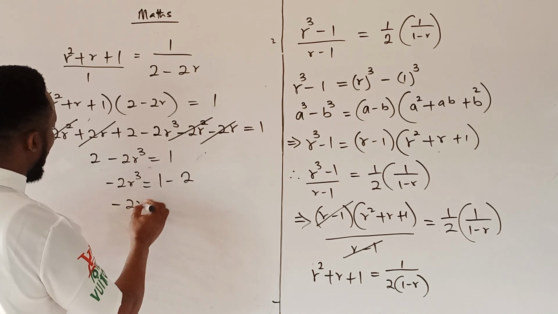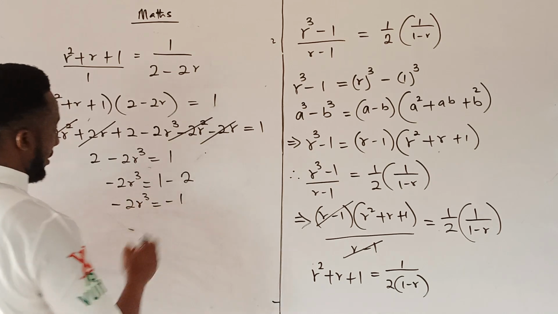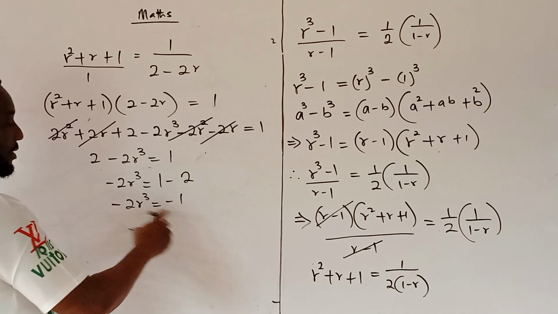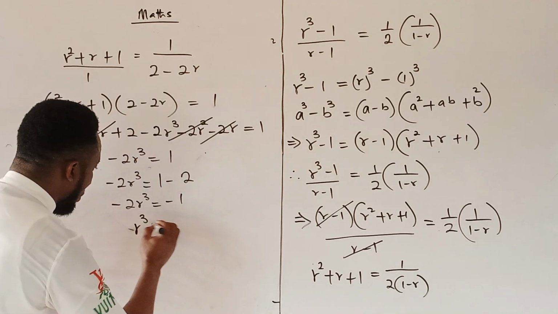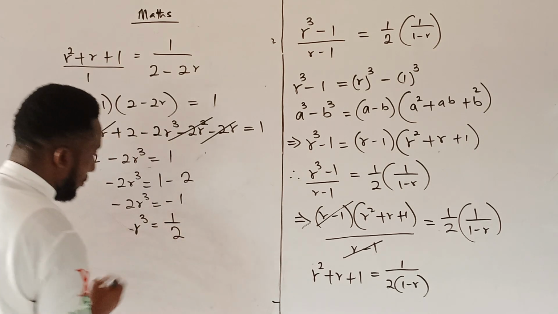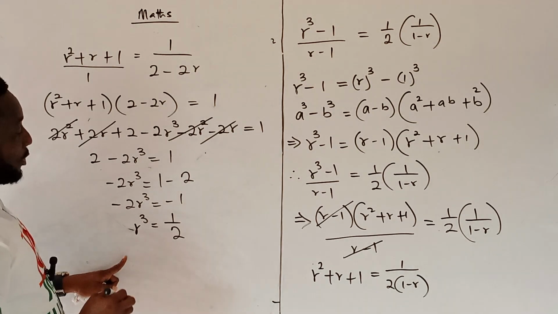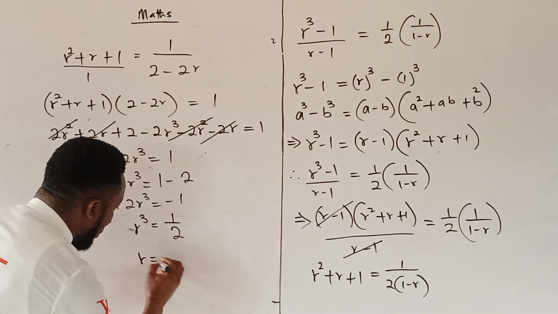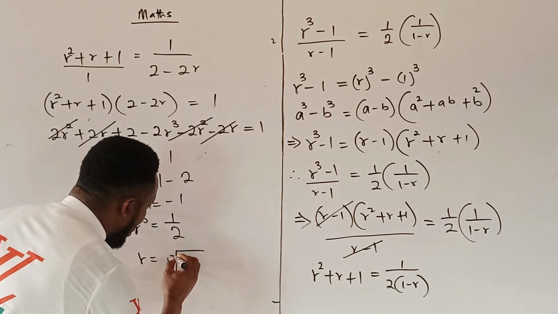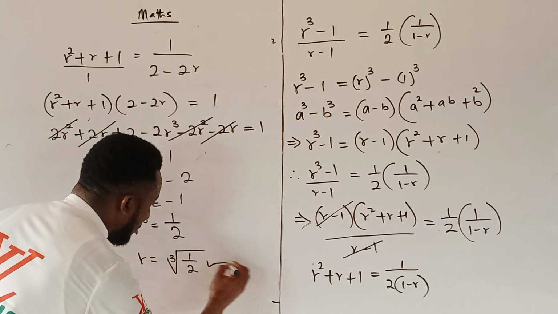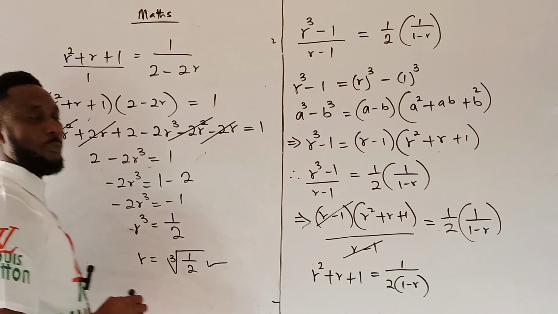So negative 2r cubed will be negative 1. So negative can divide negative. So r cubed will then be 1 upon 2. Now if r cubed is 1 upon 2, r will be the cube root of 1 upon 2. So this is the final answer to this problem.